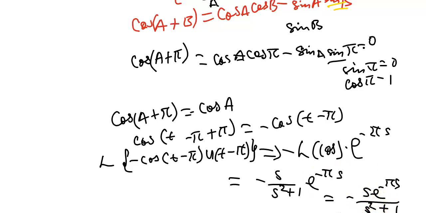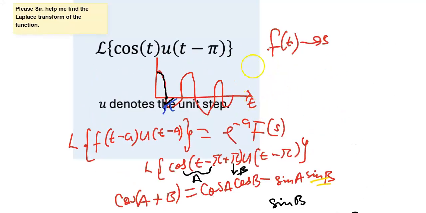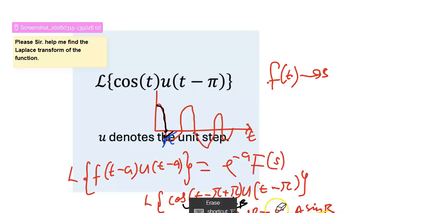So this becomes the solution of the given Laplace. So this Laplace function that you have here can be written as negative s exponential negative pi s, divide this by s squared plus 1.